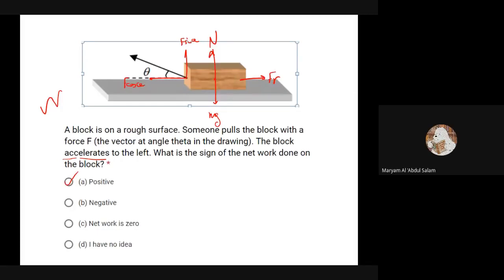Zero. Good. It's going to be 0 because if there is no acceleration, there is no change in velocity, it means that my energy is constant, which means that whatever positive energy comes from my force is going to the negative side in friction, and the net is 0. So my energy content does not change, so my velocity does not change.